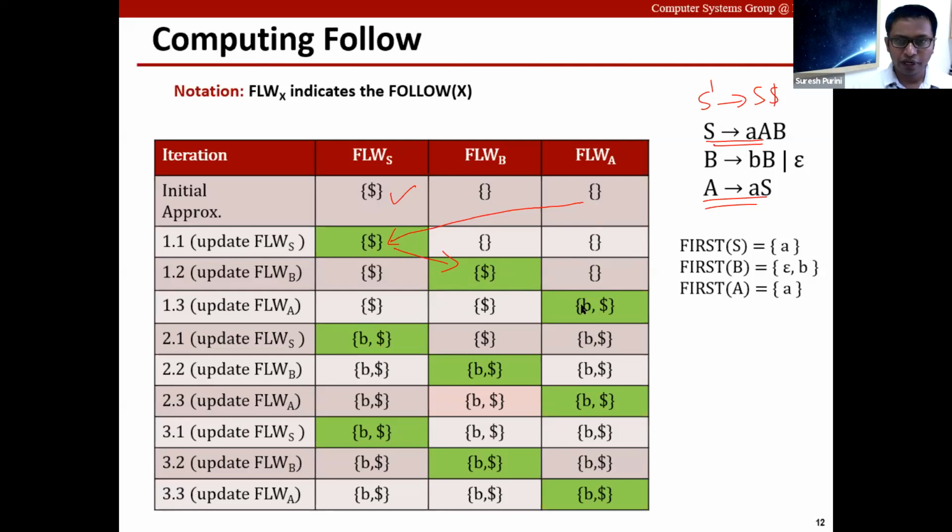Now in iteration 1.3, we want to compute the follow set of A. The follow set of A consists of whatever is present in first of B, excluding epsilon.